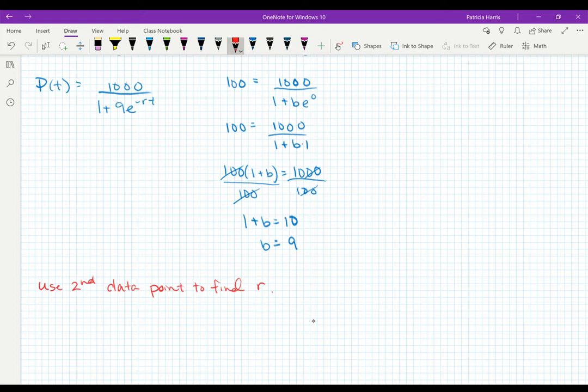Okay, so at the end of 1 month, we have 119 animals. So t would equal 1. So we would have this. Again, we're going to use cross multiplying.